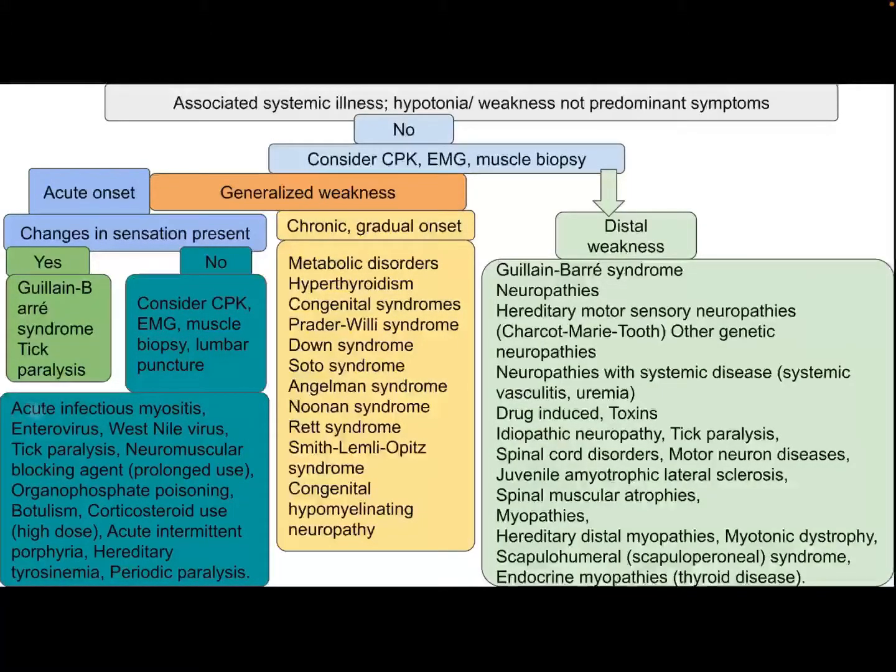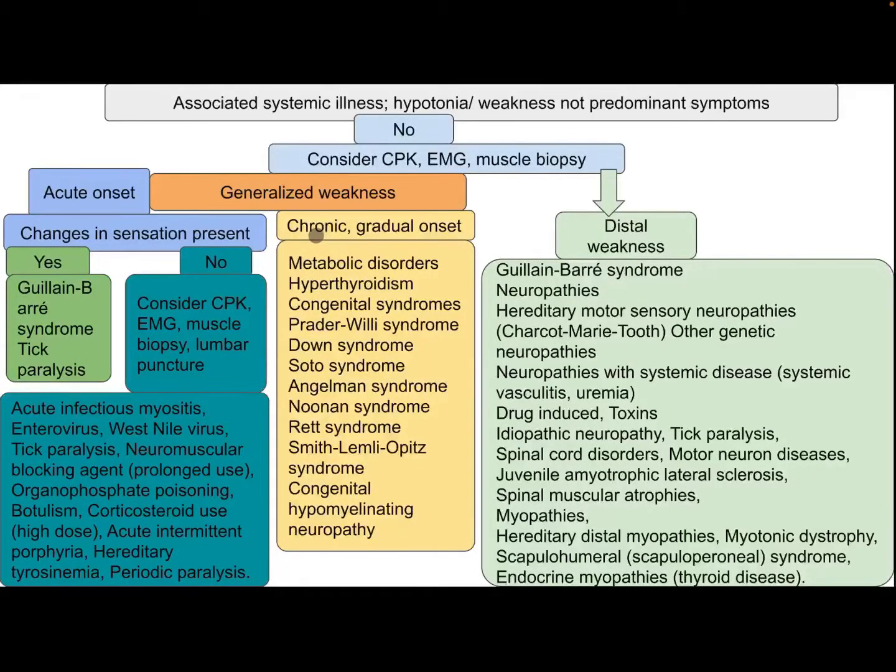Differential diagnosis: acute infectious myositis, enterovirus, West Nile virus, tick paralysis, neuromuscular blocking agent if prolonged use, organophosphate poisoning, botulinum toxin, high dose corticosteroid, acute intermittent porphyria, hereditary tyrosinemia, or periodic paralysis.